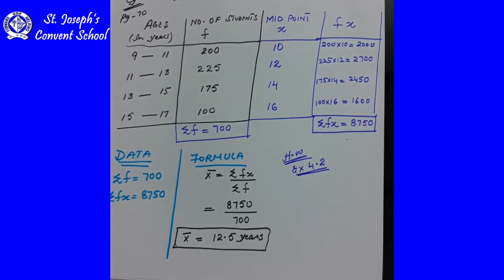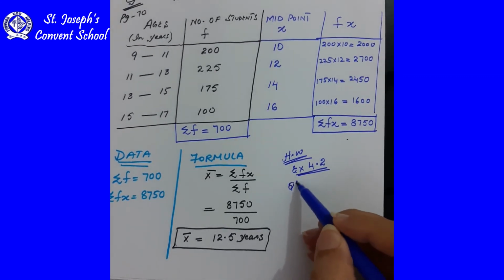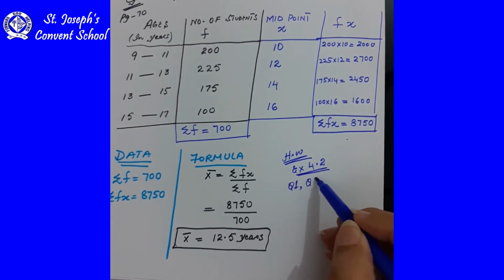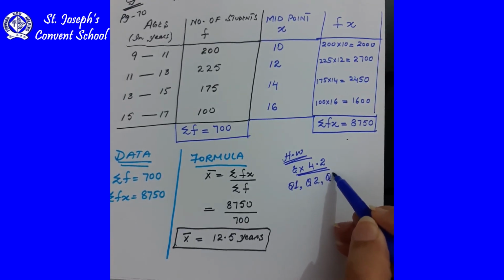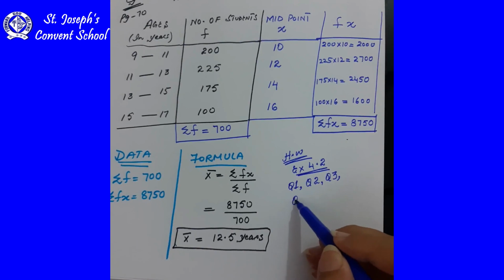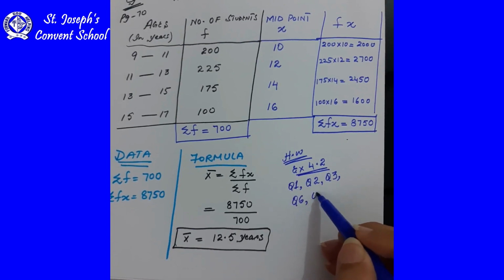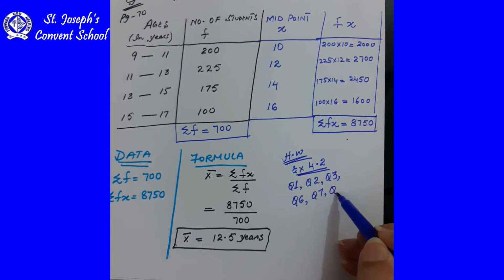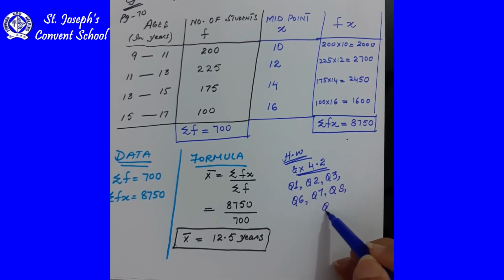From this exercise you are going to do question number 1, 2, 3, 6, 7, 8 and question number 10. Do only these and the rest I'll explain in the class. If you have any problem, anything you have not understood, you can ask me anytime in the class. Just mark the questions which you haven't done.